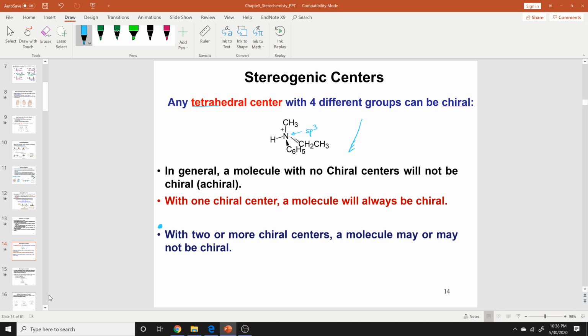So when I want to draw the mirror image of the molecule, let's say over here, then whatever I see on this side is going to be on the other side here. It's going to be the first thing that I'm going to see. This is a CH2, this is a CH3 over there.